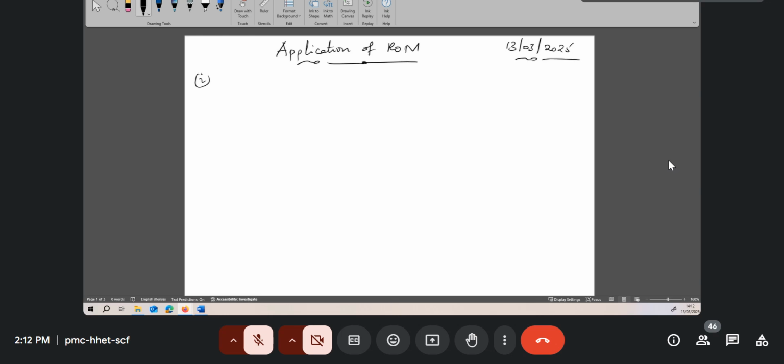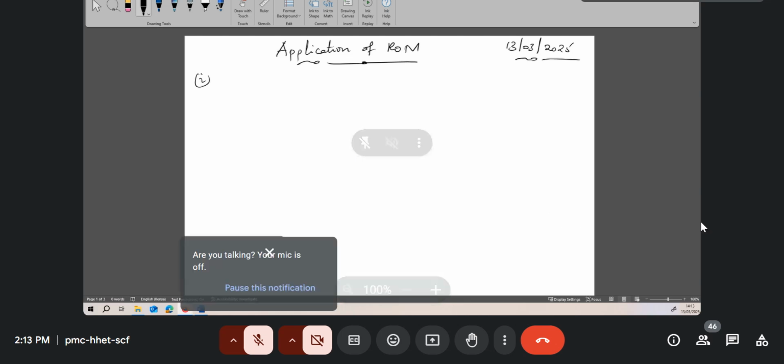So yes, one of the areas where we have read-only memories used, and of course this is very common. And remember, there is a whole range of what we categorize as read-only memories, starting from the mask, the programmable ROM, all the way to the flash memories.